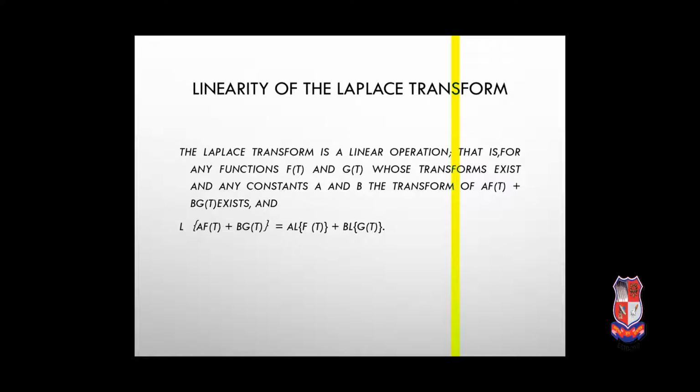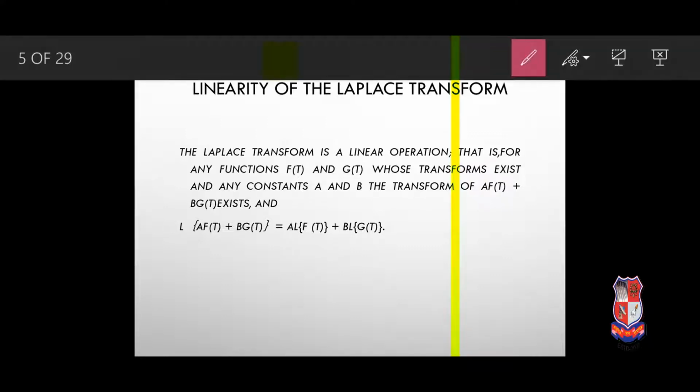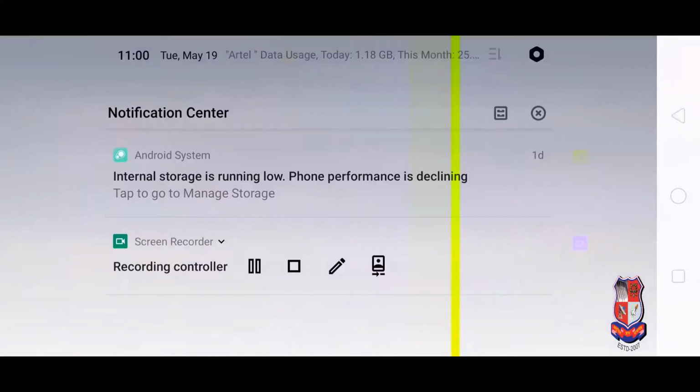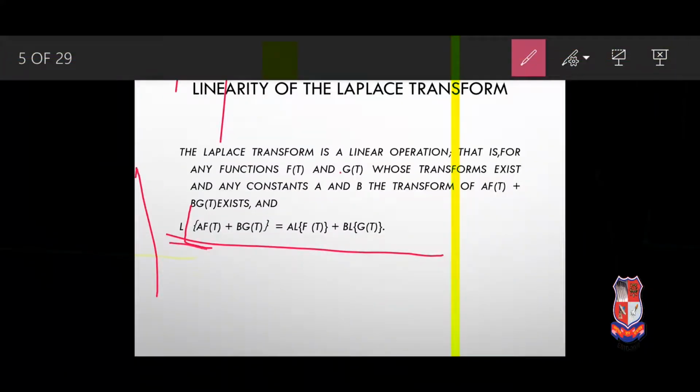The Laplace transform is a linear representation, that is, for any functions f of t and g of t whose transforms exist and any constants a and b, the transform of a f of t plus b g of t exists.